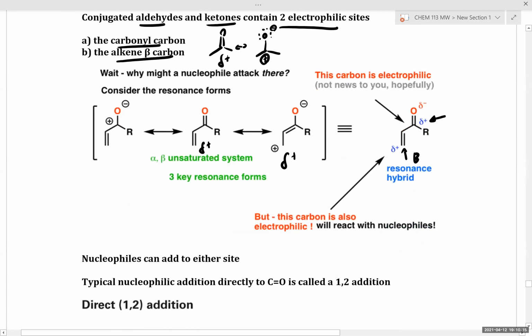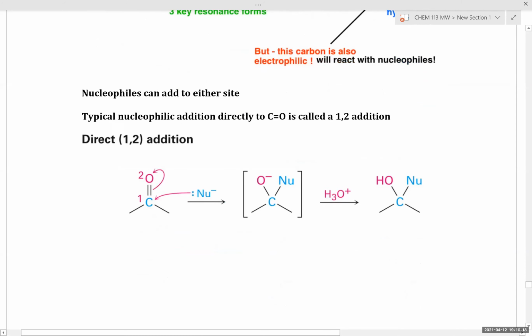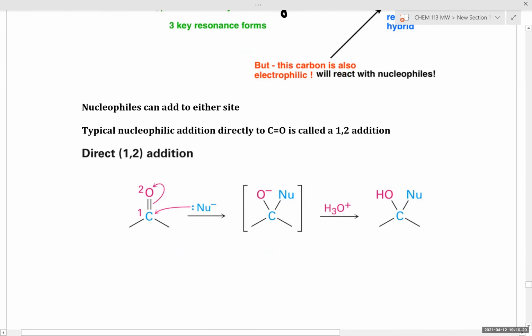Now, nucleophiles can add to either site. Let's talk about a mechanism that we are familiar with. Typical nucleophilic addition directly to the carbonyl carbon is called 1,2 addition. We see this all the time when we have Grignard reagents and other quote unquote hard nucleophiles, where our electron density is highly localized on a single atom in our nucleophile.